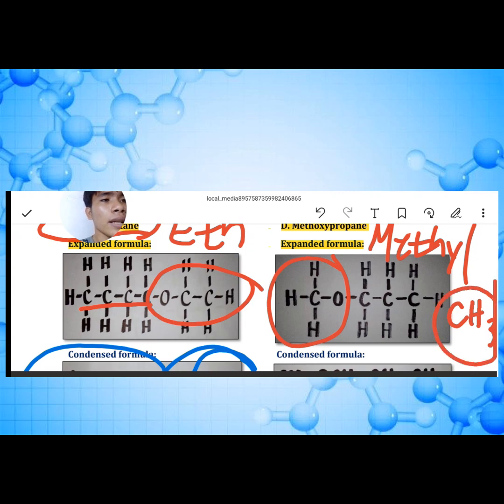So this is the methyl or methane group, and this is the methane. Same, methane, methyl.